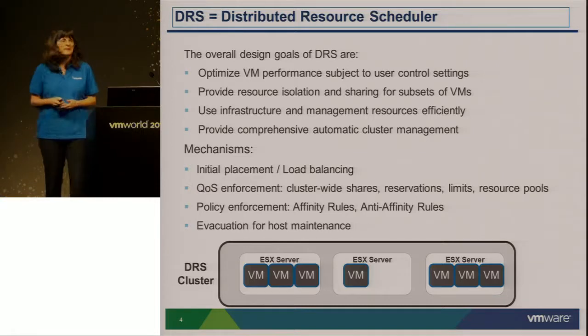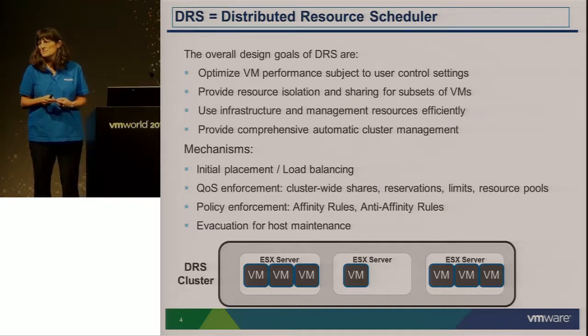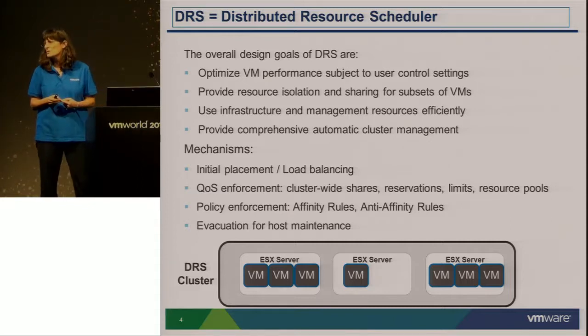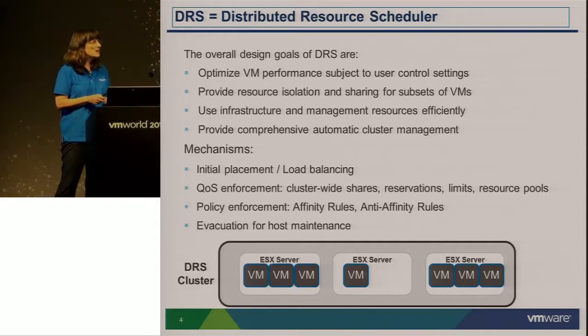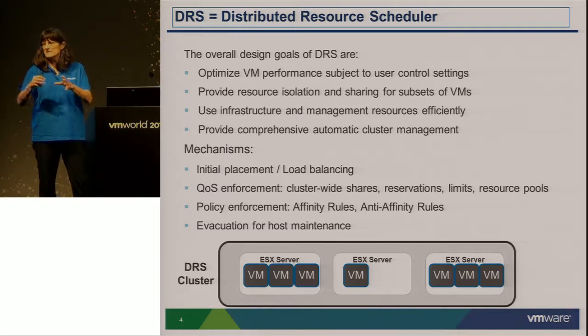So from the very beginning, DRS had 4 design goals. The first was to optimize the performance of the VMs running in the infrastructure in accordance with the resource controls that you set. Secondly, to allow sharing of resources between VMs, but isolation between a group of VMs when that's desirable.